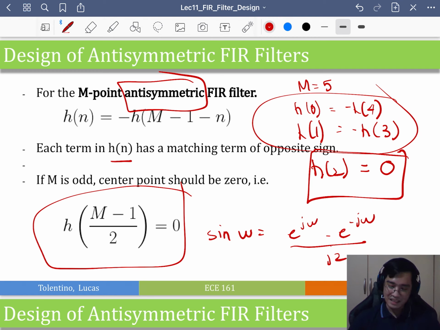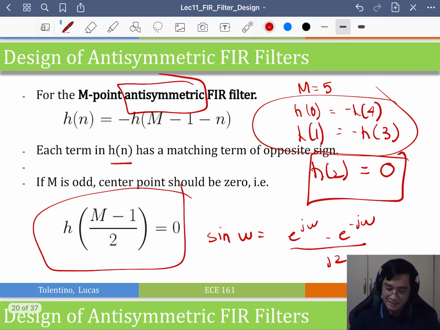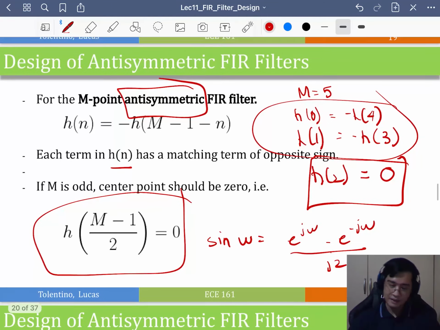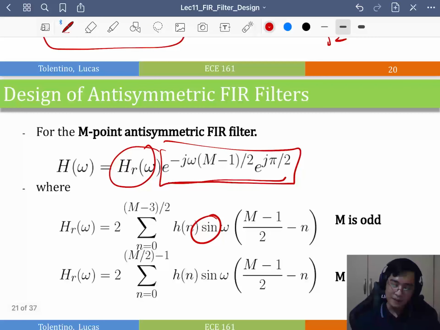But basically, since we have matching terms of opposite signs, if we follow this condition, we can simplify it to a sine function. So we can arrive at this. The derivation is very similar to that for the symmetric FIR filter.